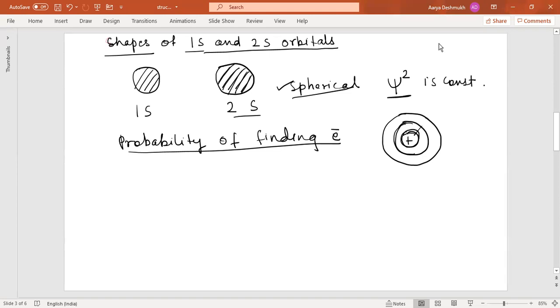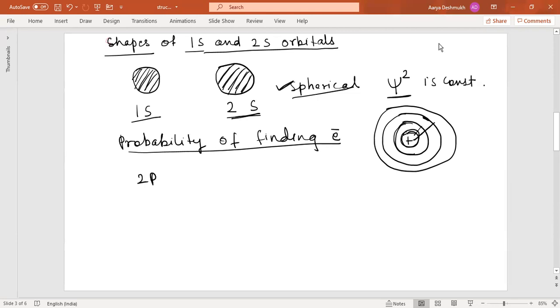If the electron is located in the next shell, obviously it will be away from the nucleus. So the probability of finding the electron will be away from the nucleus as you go on increasing the number of shells surrounding the nucleus. Accordingly the shapes are hypothetically determined. So s orbitals are always spherical in shape.